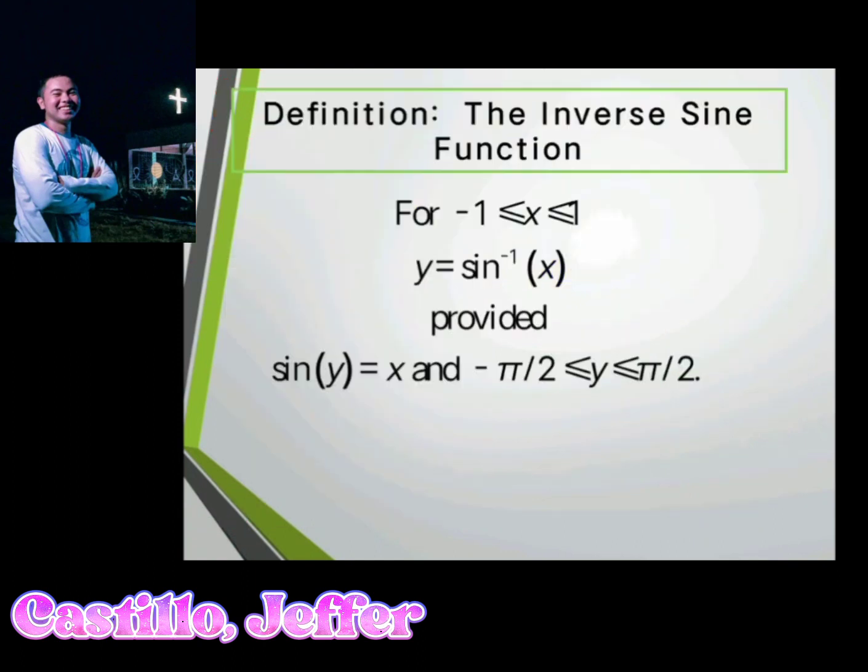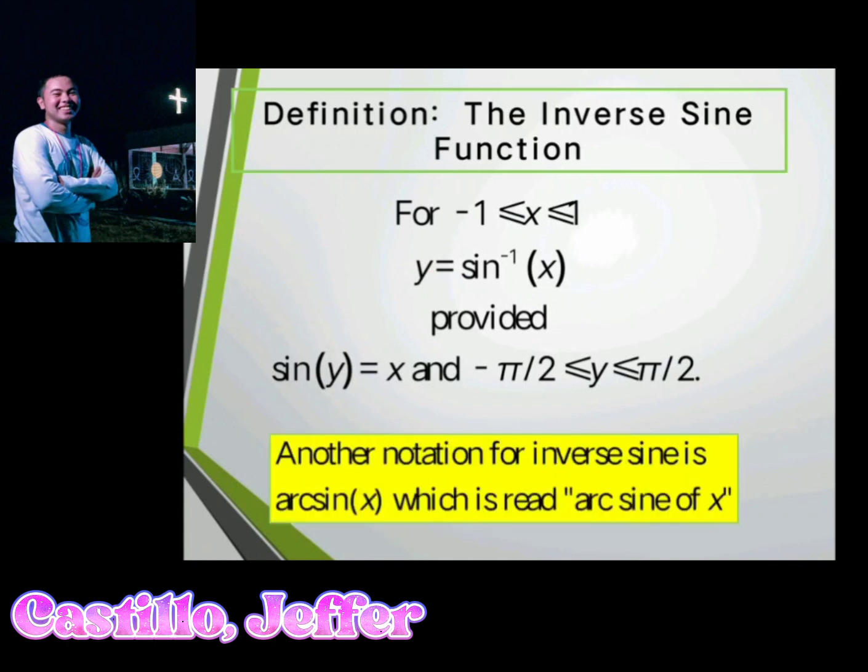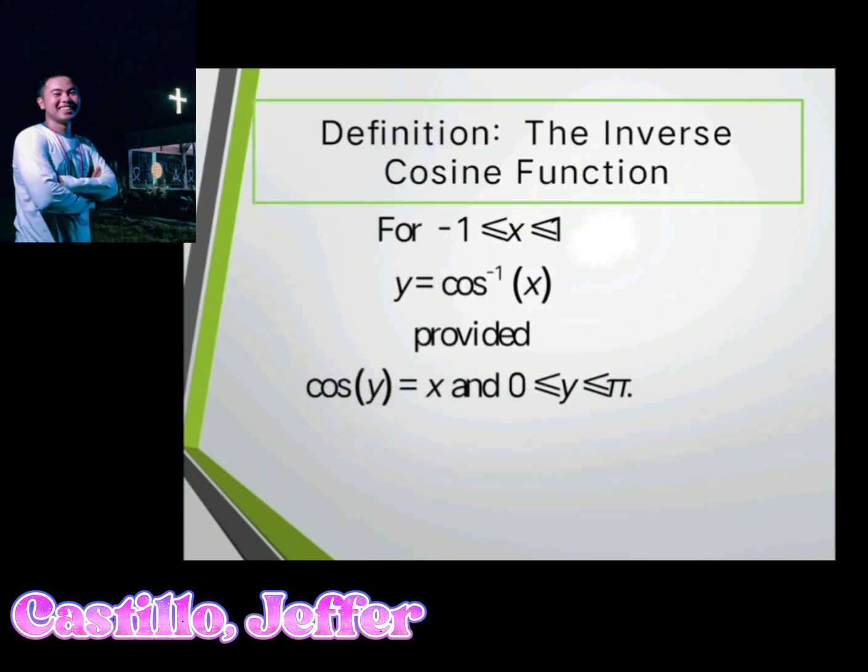So for the definition, the inverse sine function for negative 1 is less than or equal to x less than or equal to 1, y is equal to sine inverse x, provided that sine y is equal to x and negative pi over 2 is less than or equal to y less than or equal to pi over 2. We have another notation for inverse sine, which is arcsine x, read as arcsine of x.